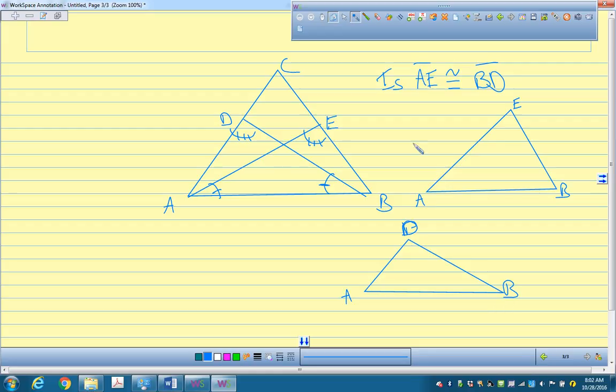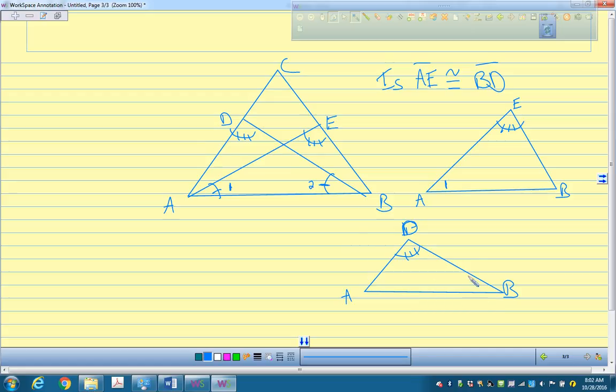And I'm given that angle E is congruent to angle D, right? I'm also given that, I'm going to call this angle 1 and this angle 2. Here's angle 1 down here, it should be called BAE, right? BAE is congruent to angle ABD, right?